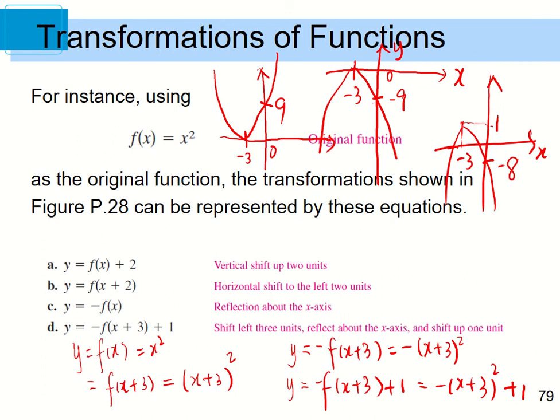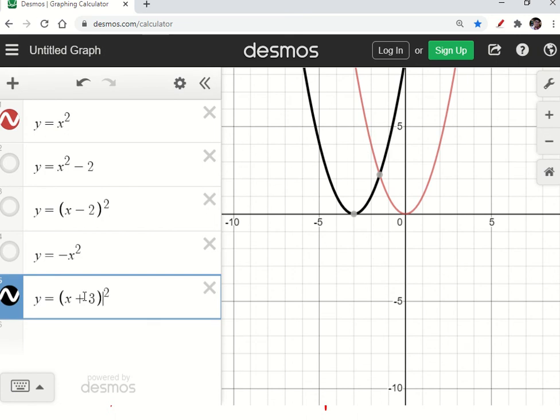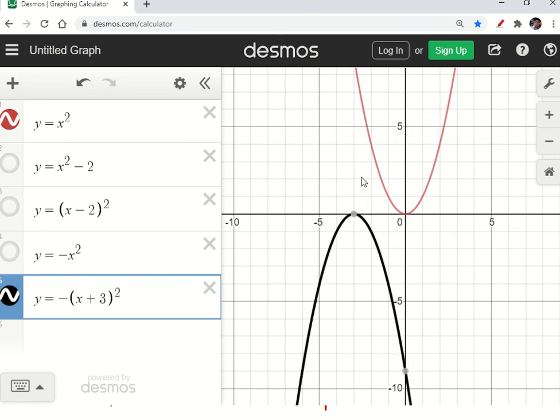Now let's use the graphing tool to verify our answer. First we start with x plus 3, so we shift the graph to the left by 3 units. After that, the whole function is multiplied by negative, so the graph is reflected upon the x-axis.